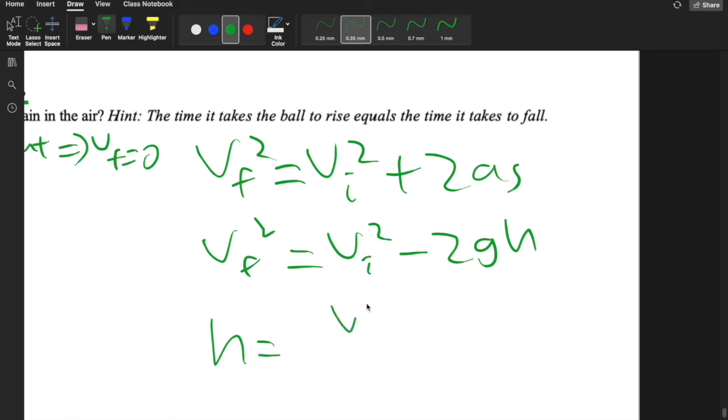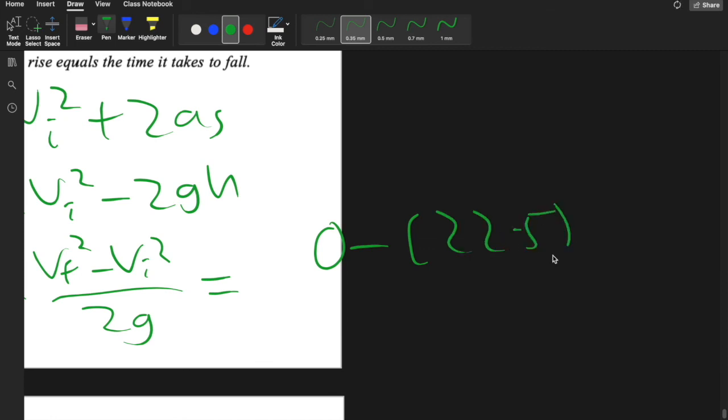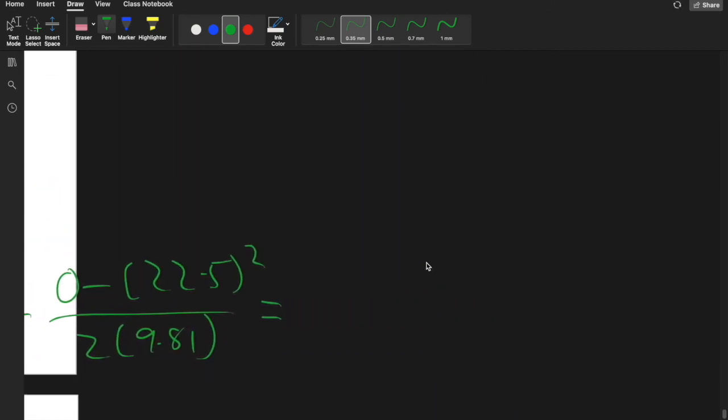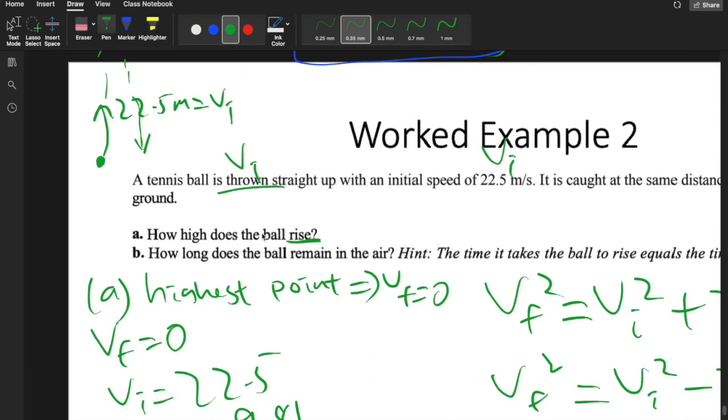So h will be equal to 0 minus 22.5 squared over 2 times 9.81 with a negative sign, so the negative sign here cancels out. So it is equal to 25.803 meters. Right.